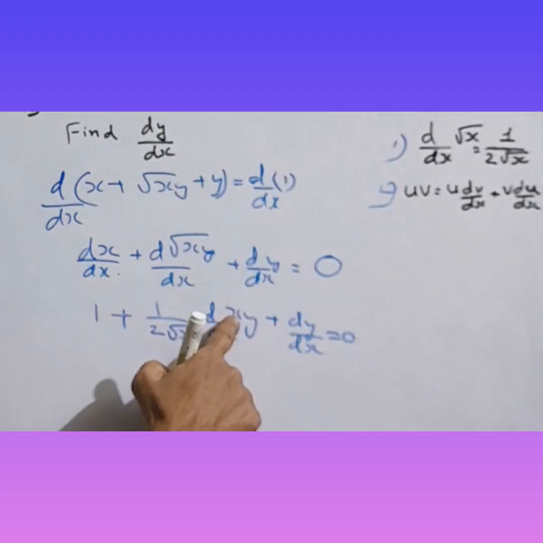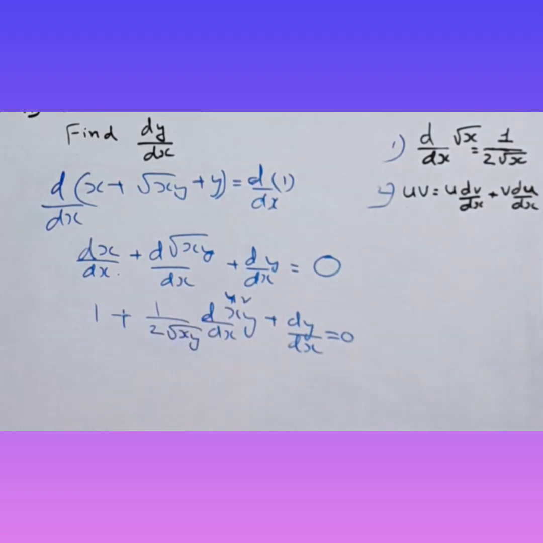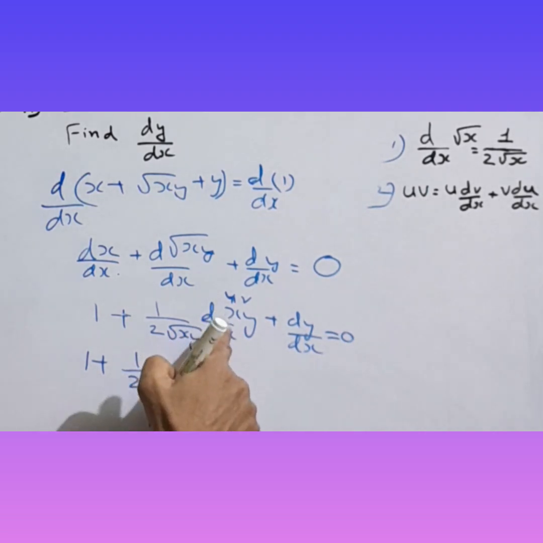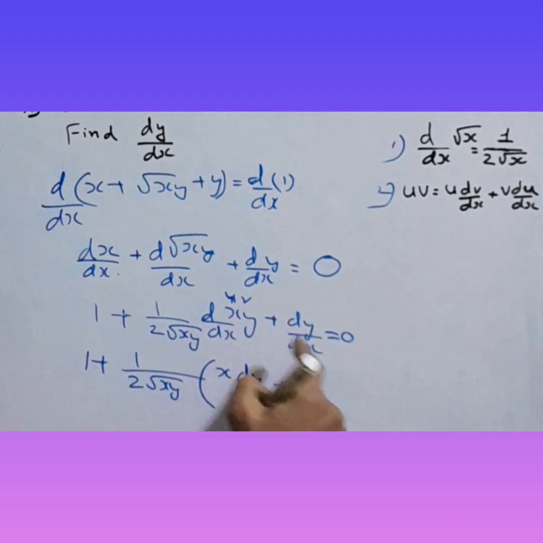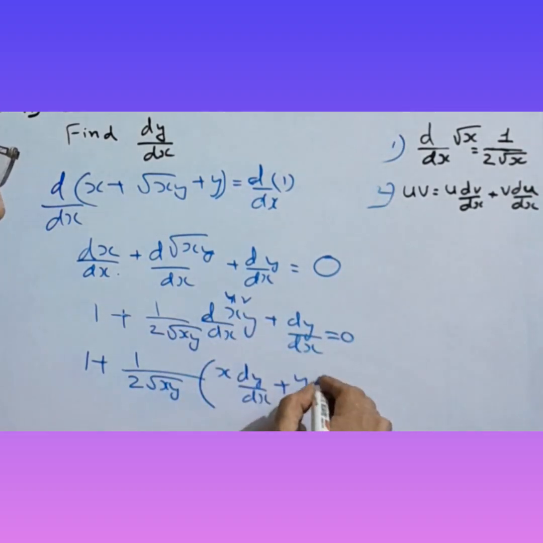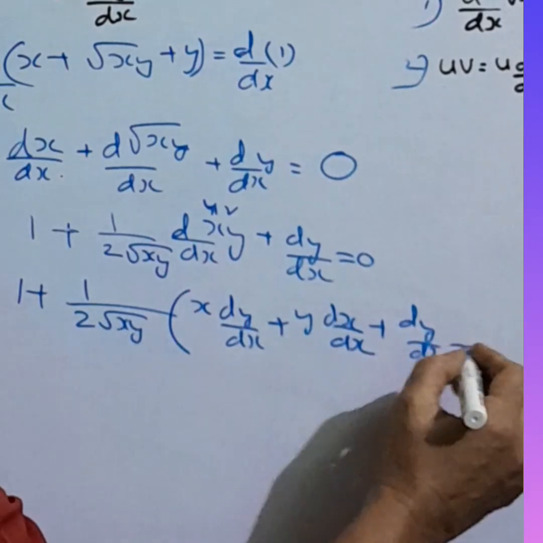Now we know that this is uv, this is u, this is v. So 1 plus, this remains as it is, 2 root xy, and this is what? I just put it in here like this. So it is x, u dv by dx, x dy by dx, plus y, dx by dx, plus dy by dx, which was existing.